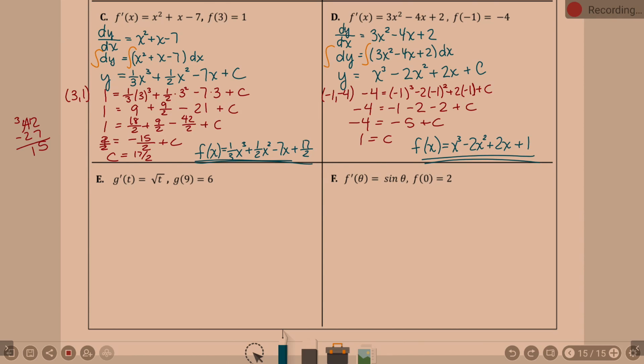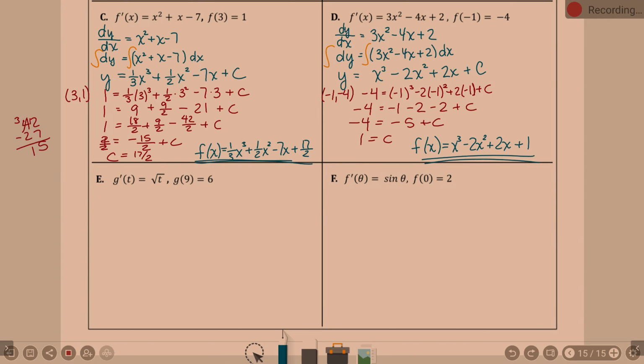G prime of t. What do we write, dg dt? Or dy dt. Officially, we still use y because it's just like g of t, f of x. You still use y in place of that.